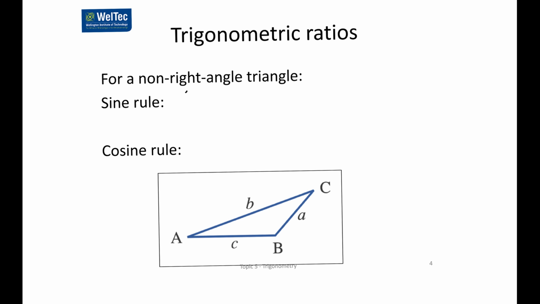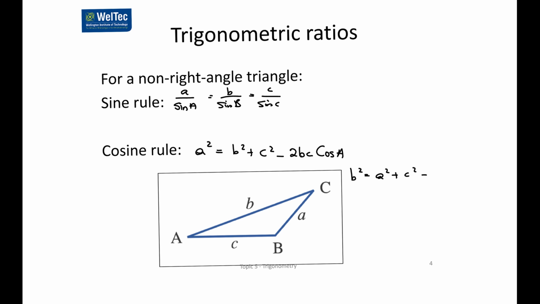The sine rule says that little a over sine capital A equals little b over sine capital B equals little c over sine capital C. And if you're going to use the cosine rule, a squared equals b squared plus c squared minus 2bc cos A. And remember, with the cosine rule, it's the same pattern, b squared equals a squared plus c squared minus 2ac cos B, etc.